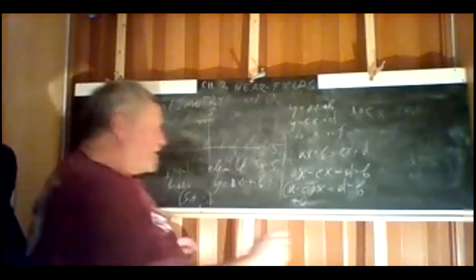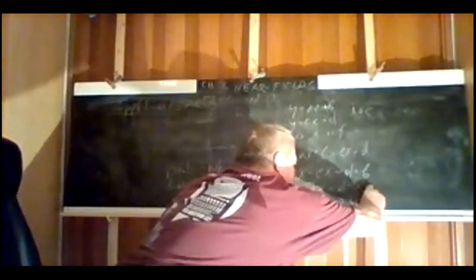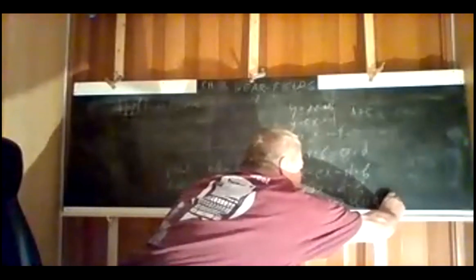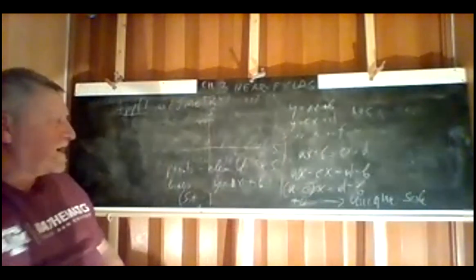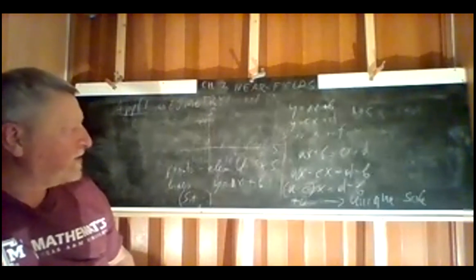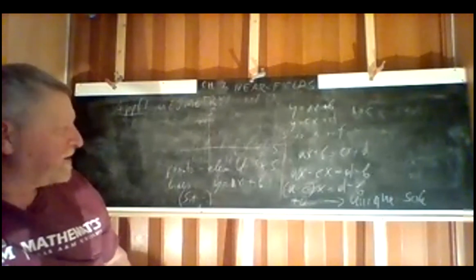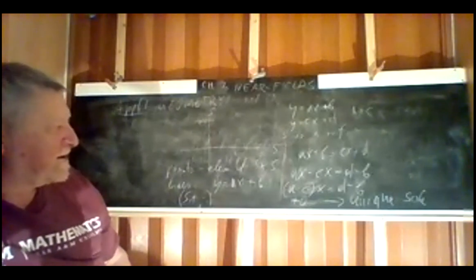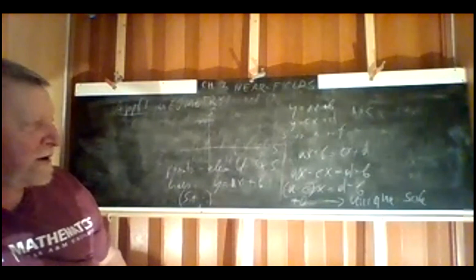So this will lead to a unique solution. And that means if we are in a near field, we have the nice property that two non-parallel lines always have a unique point of intersection. And this is something where you get a lot of applause if you work in groups in geometry.